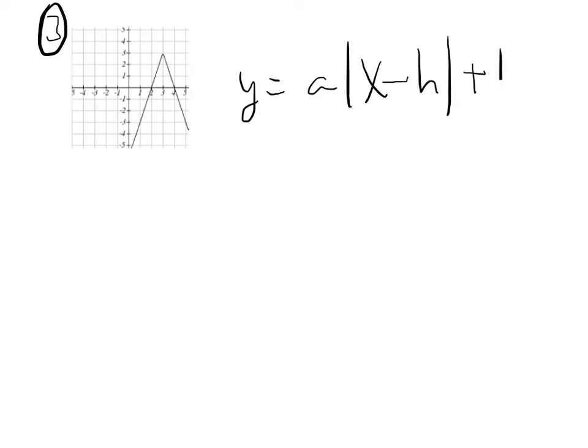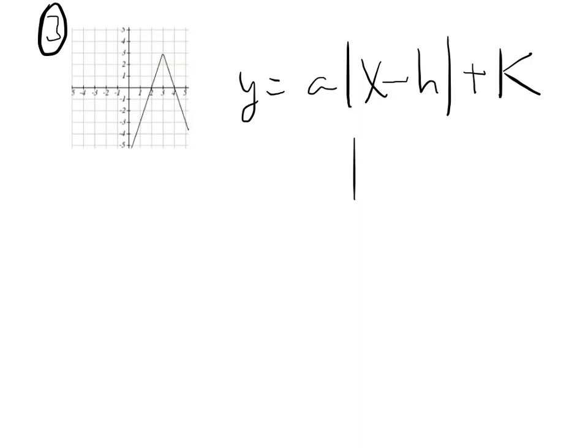Again, this is problem number 3 from that 2.5 homework. To do it, remember I'm going to write y equals a times the absolute value of x minus h, plus k, and I see the vertex of this has been shifted right 3, up 3.